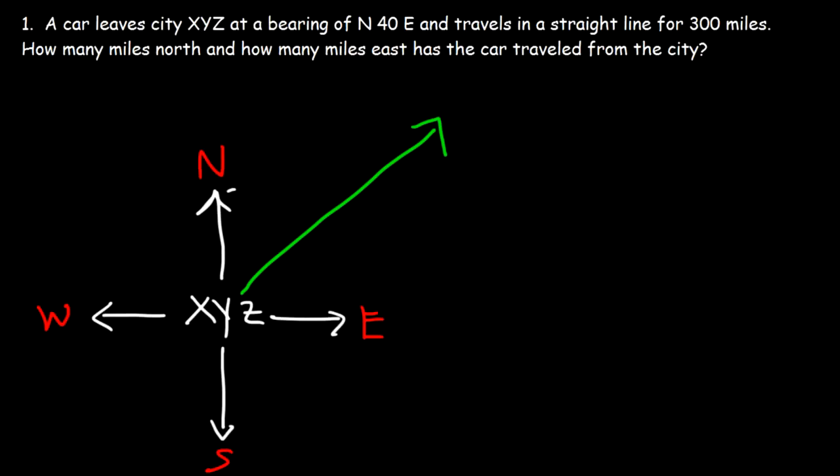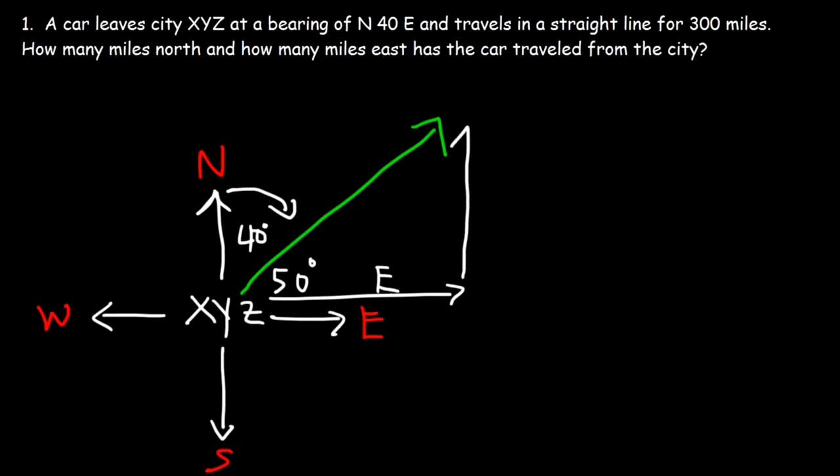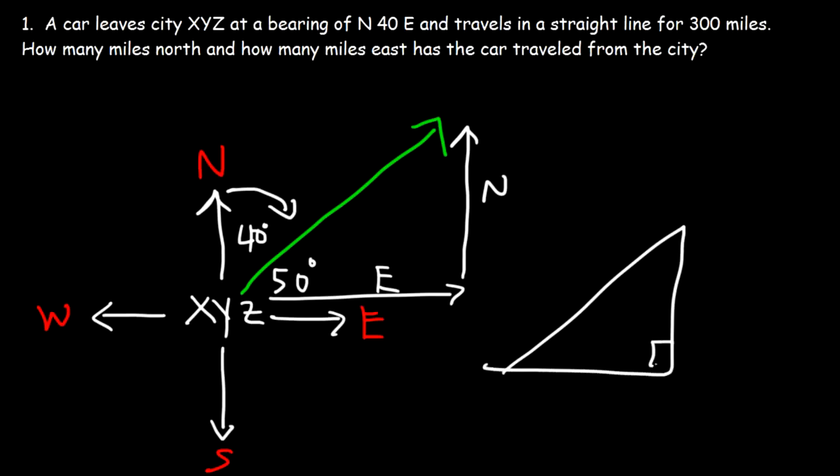So starting from the north line, we need to travel 40 degrees east, which means this angle is 50. Now we want to find out how far east he traveled and how far north. So if we draw a triangle, this is 50 degrees and he traveled a distance of 300 miles.